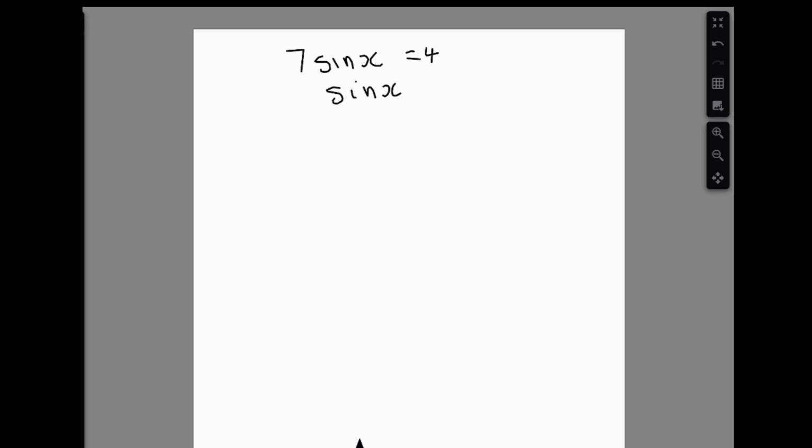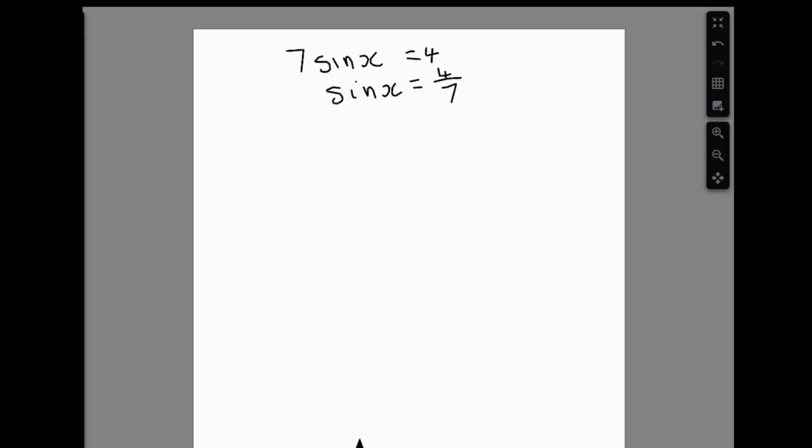That means sine x equals 4 over 7, where x is less than 90. Now, if they say x and y are complementary angles, it means that x plus y equals 90, or y will equal 90 minus x, whichever one.